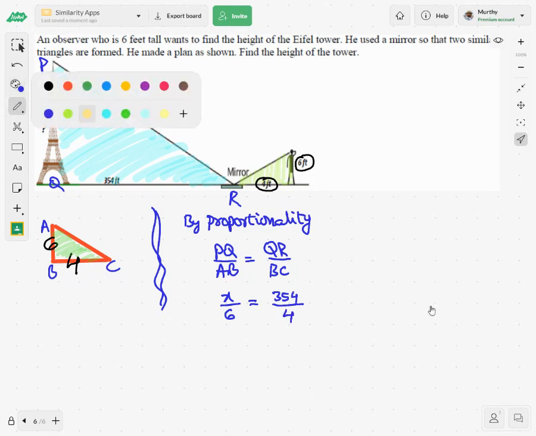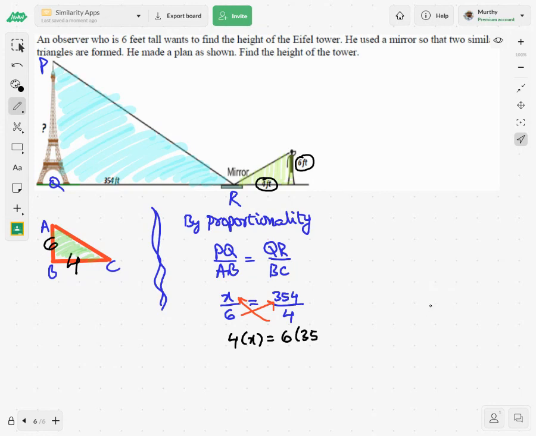At this point, we go for cross multiplication. And then compute. That is 4 times x equals 6 times 354, and then go for inverse operation, do the calculations.